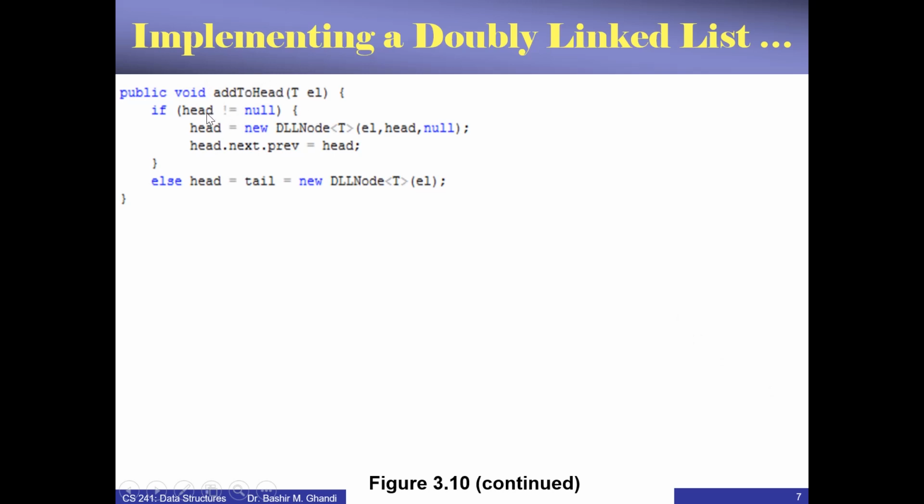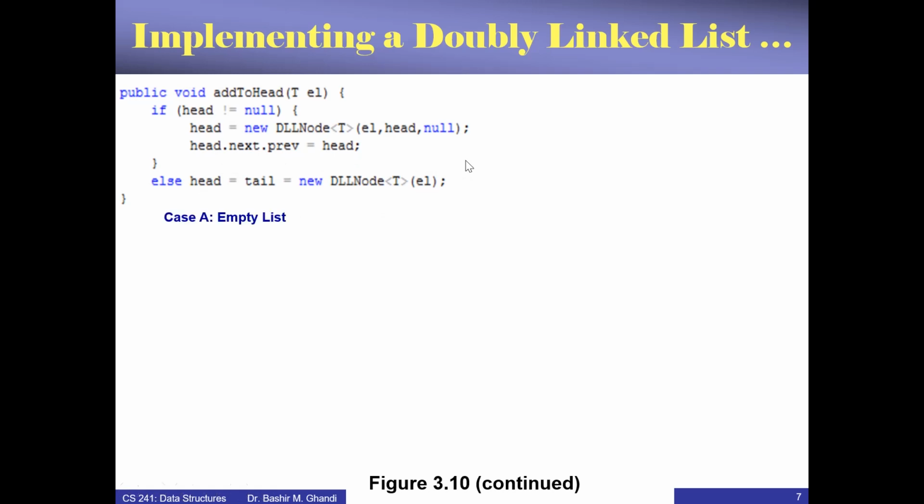Okay, so we're going to take the easy one first. It says here if head is not null, we will do this. So we're going to skip this for a moment, else do this. So this is the case that will be executed in case the list currently is empty.